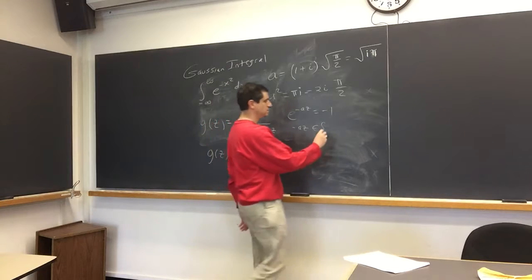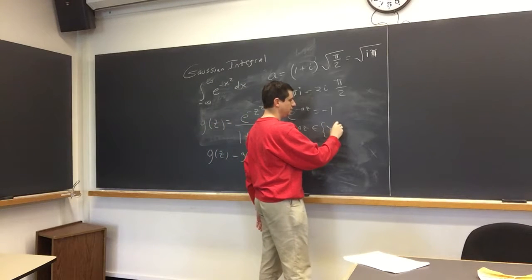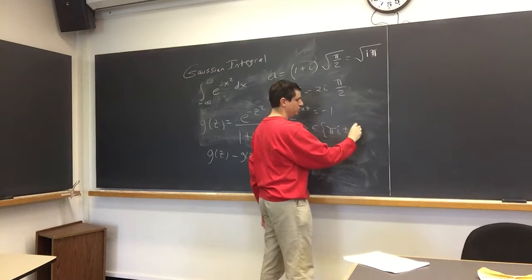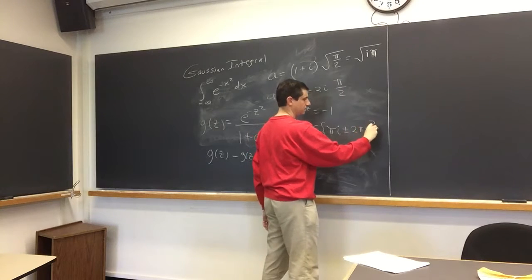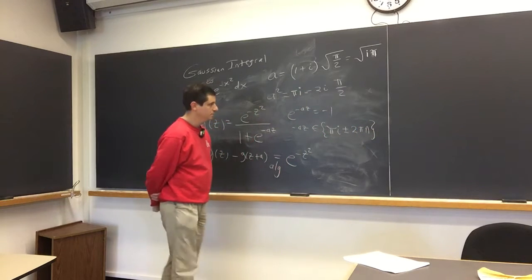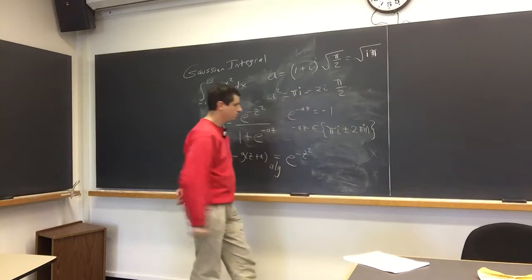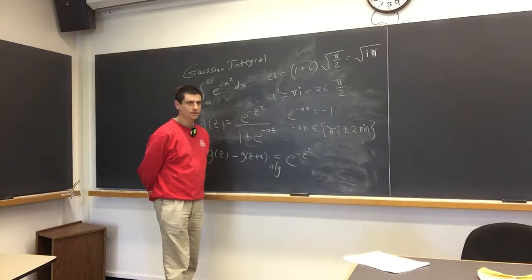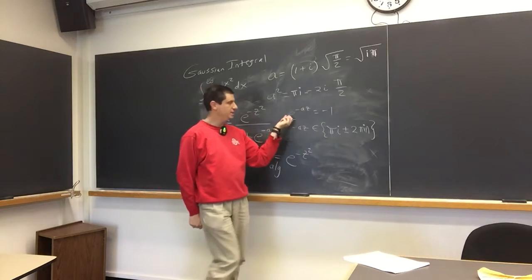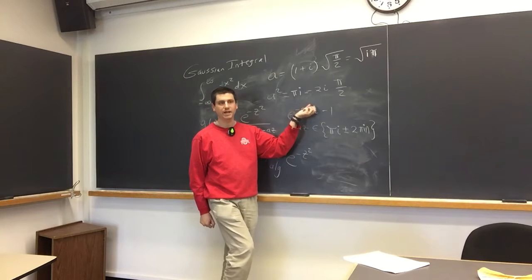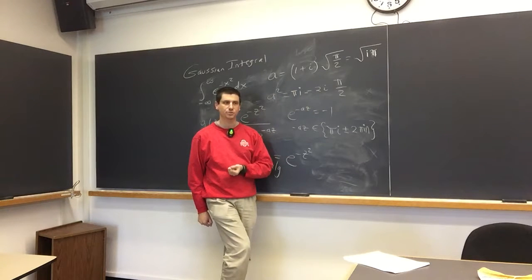So I could have pi i plus or minus 2 pi i n. Because every time I increase by 2 pi, I've got e to the negative 2 pi i n, and e to the negative 2 pi i n is just 1.